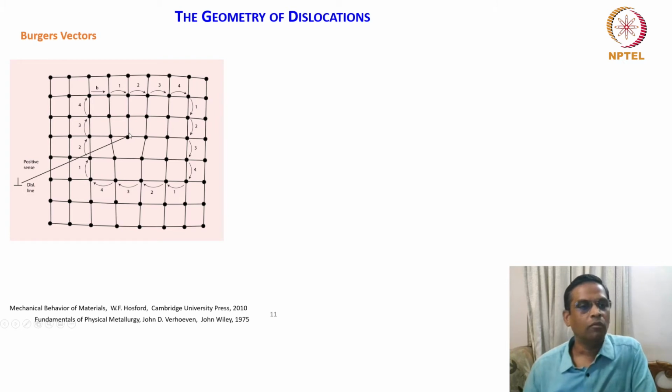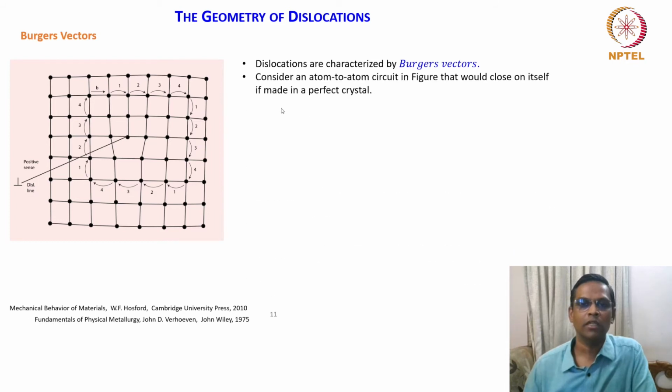So how do we mark, and what is the rule for making a circuit? Dislocations are characterized by Burgers vector. Consider an atom-to-atom circuit in the figure that would close on itself if made in a perfect crystal. Suppose you start counting. Suppose you leave this core, first line, and go to the second line. Start counting the displacement. 1, 2, 3, 4. 1, 2, 3, 4. 1, 2, 3, 4. 1, 2, 3, 4.